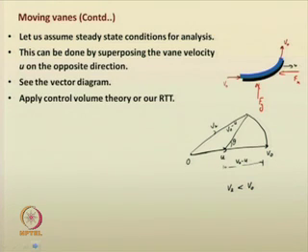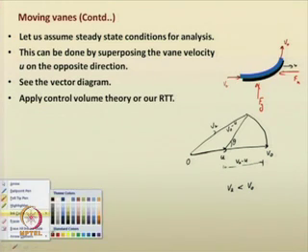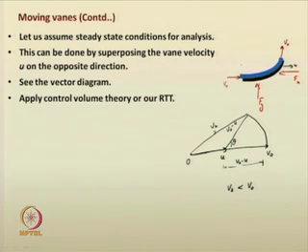Now, let us apply the control volume theory. We will have sections, the same sections: this is section 1, this is section 2, so 1 1, 2 2, like this. If you suggest two sections, you are now going to apply the control volume theory.